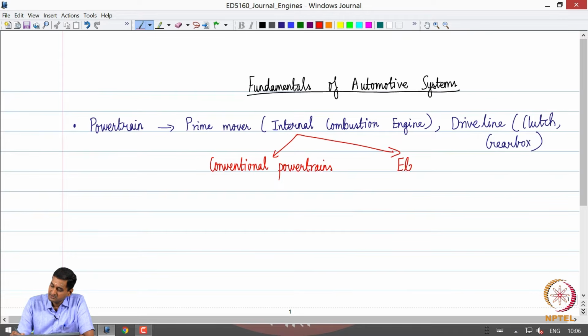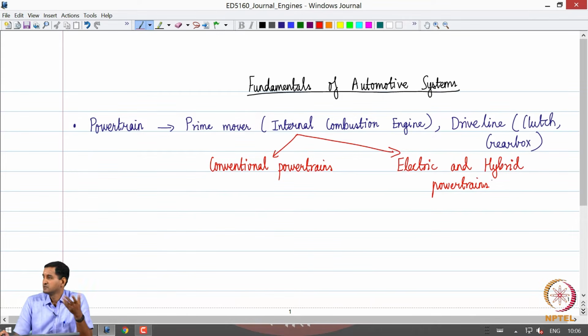Which include electric and hybrid powertrains. So, through that discussion, we would identify the pros and cons of each class of powertrains, and we would also do a preliminary analysis of both. Okay. So, that is one important module in this particular course.